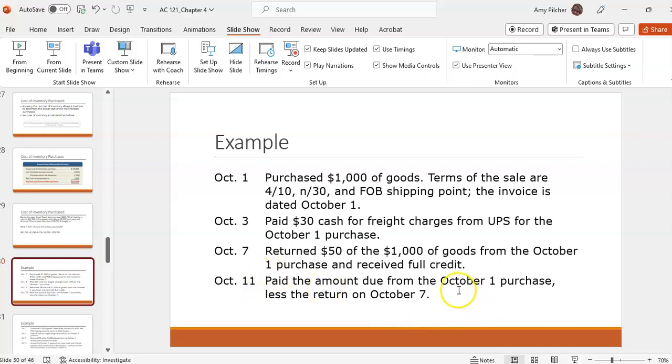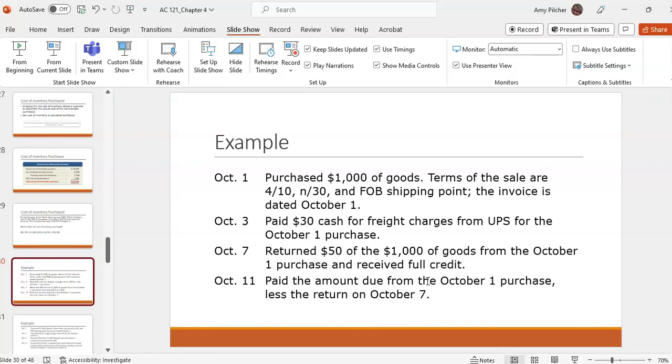We're going to credit merchandise inventory for the amount of the discount, which is $38. And then we're going to credit cash for the difference, which is $912.